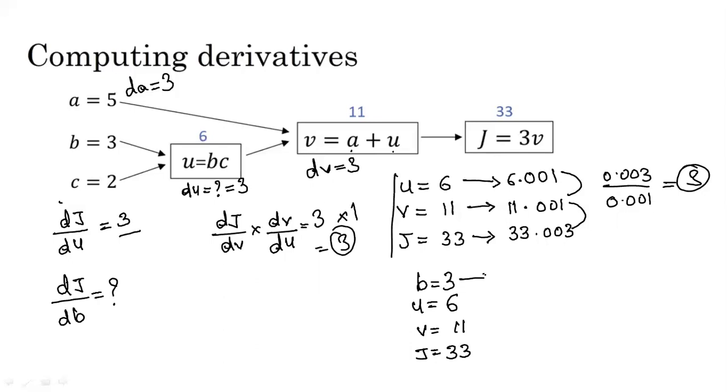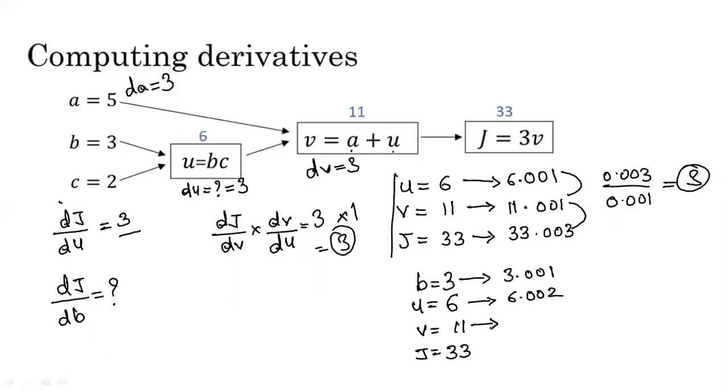Now suppose we do a small increment in the value of b by 0.001, so it will become 3.001, and the value of u will come out to be b into c, that is 3.001 into 2, that is 6.002. Okay, I'm writing correctly.